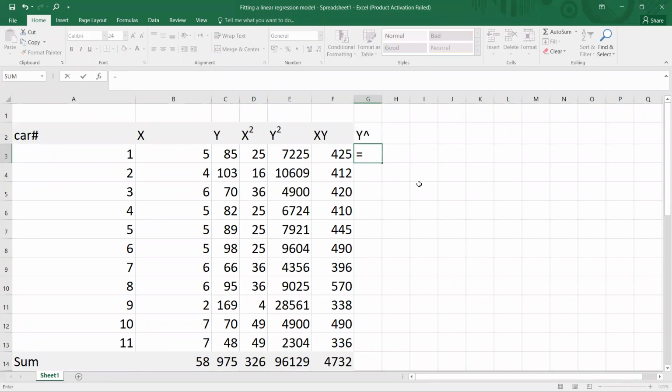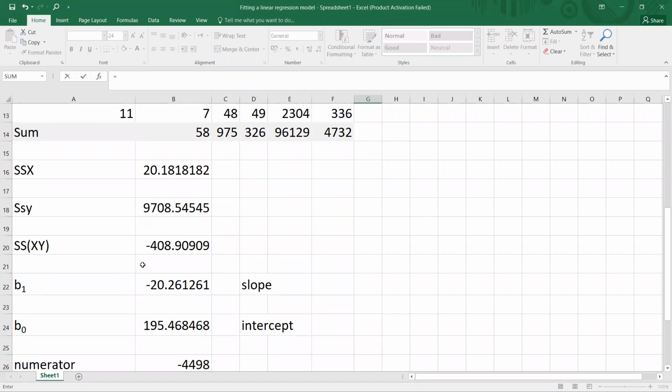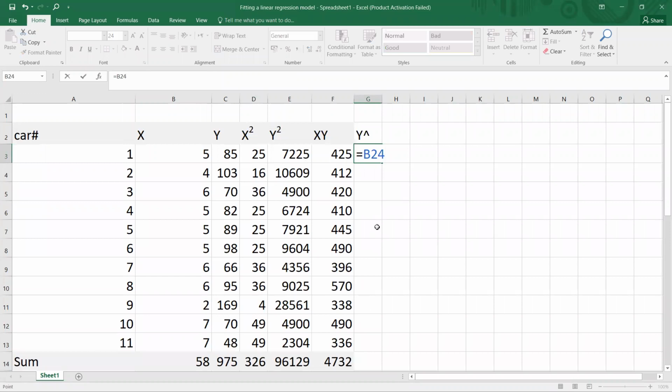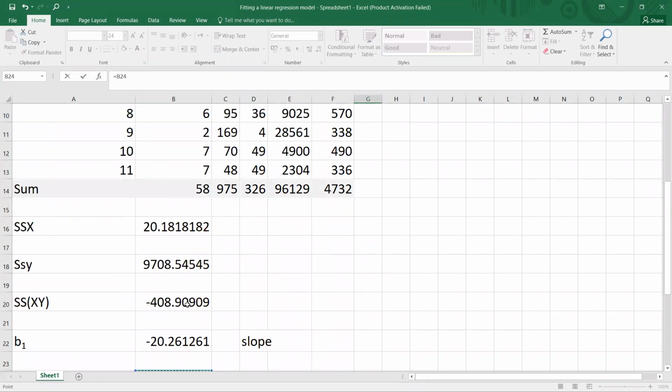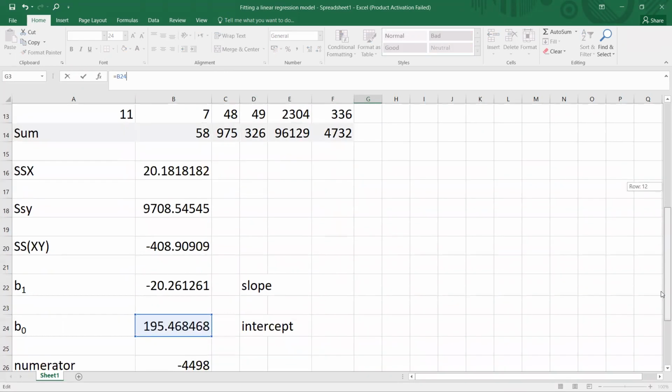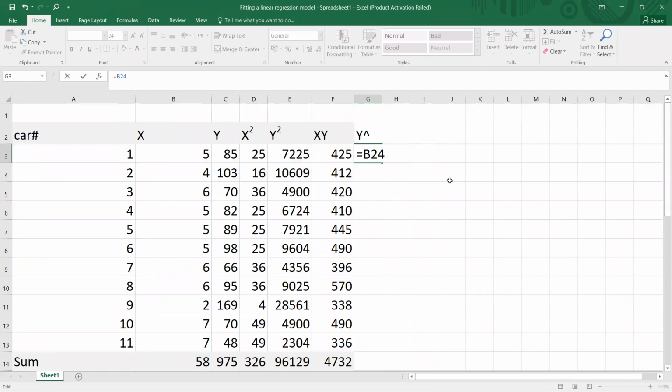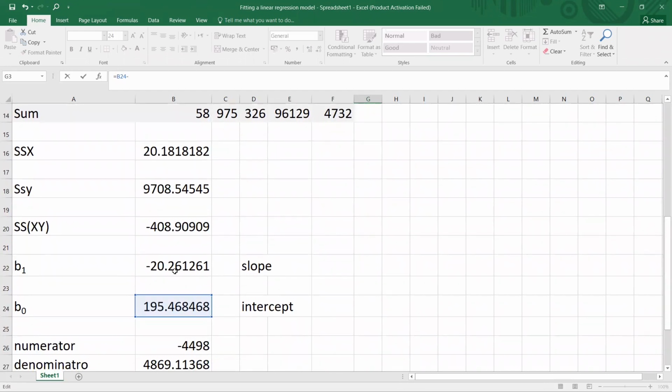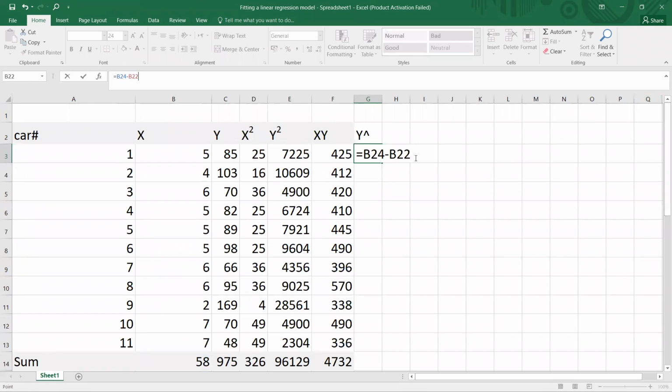This is equal to the value b naught, minus b1 times x. b1 is this, b1 times x. X is what? Multiply by x is this.